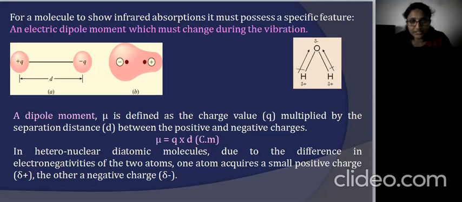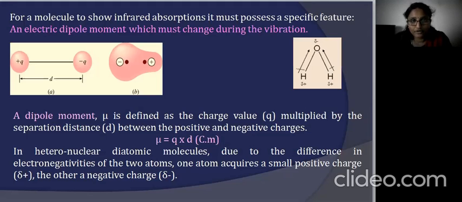As I told you in microwave spectroscopy, the criterion for a molecule to show a microwave spectrum is that it should possess a permanent electric dipole moment.